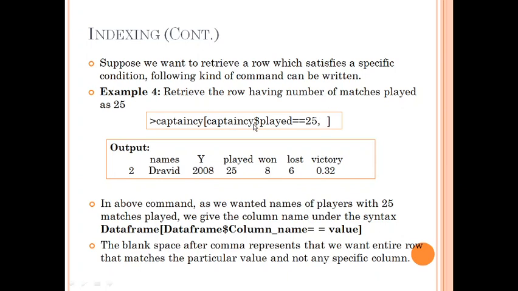Again, this dollar symbol is the member access operator of R programming, meaning that from the captaincy data frame I want the column played and only those rows which have exactly 25 in it. So there exists only one player, Dravid, who has played exactly 25 matches. It means that other players must have played either less or more matches but not exactly 25. That's why there is only one output.